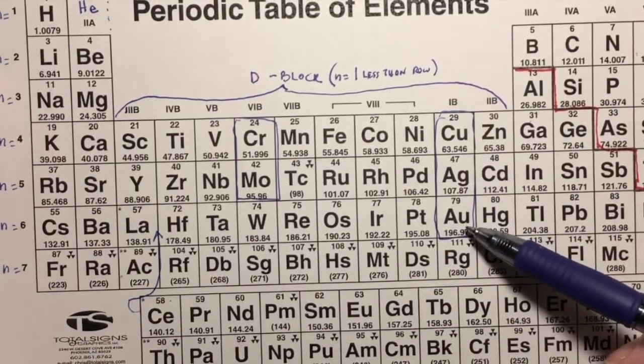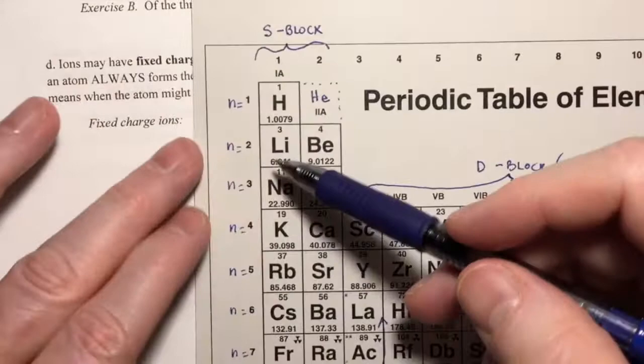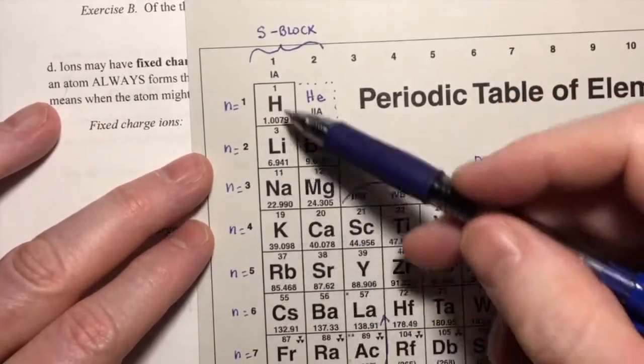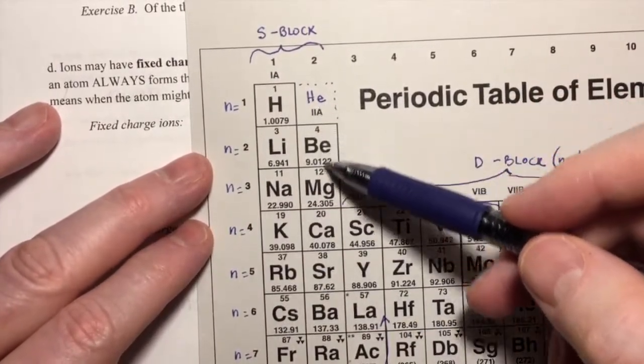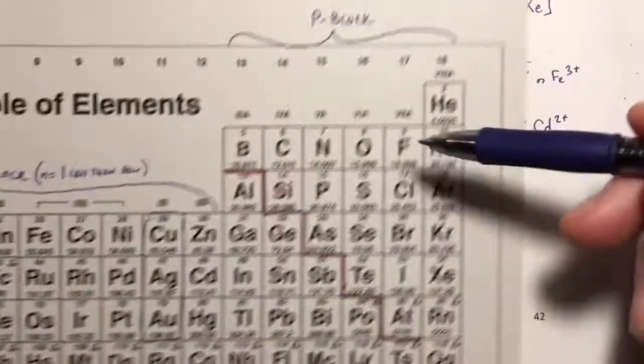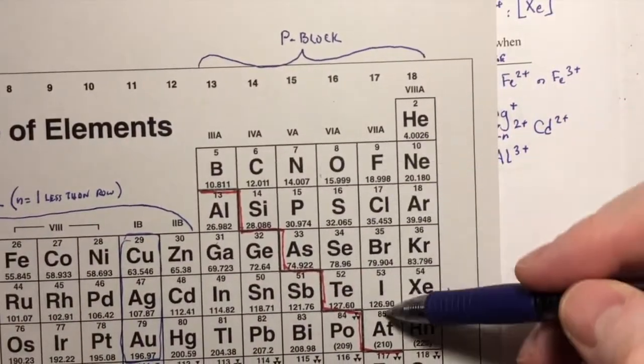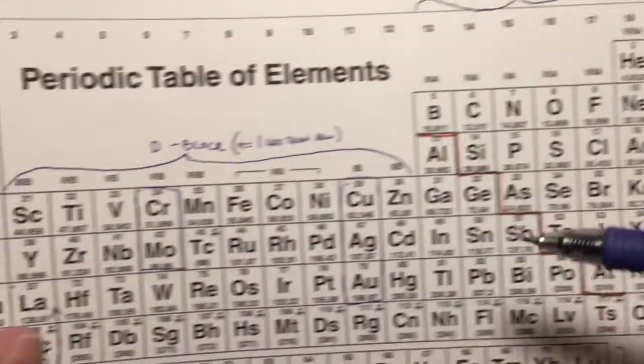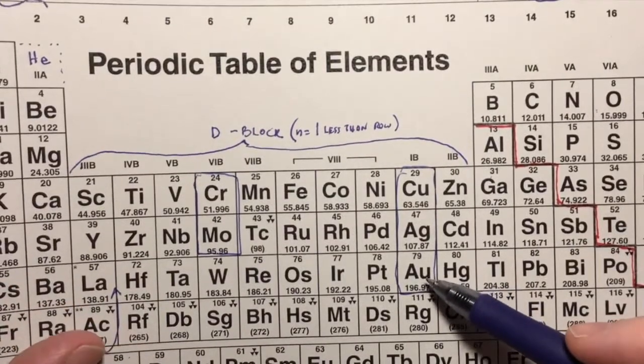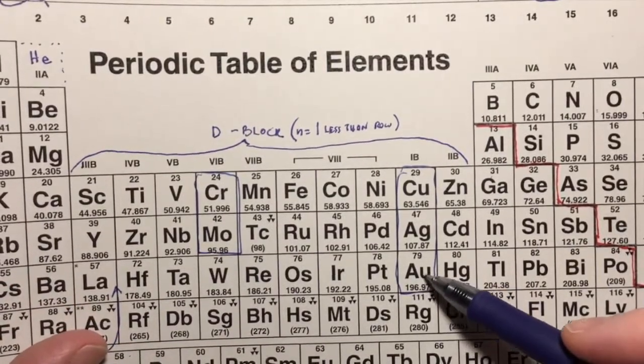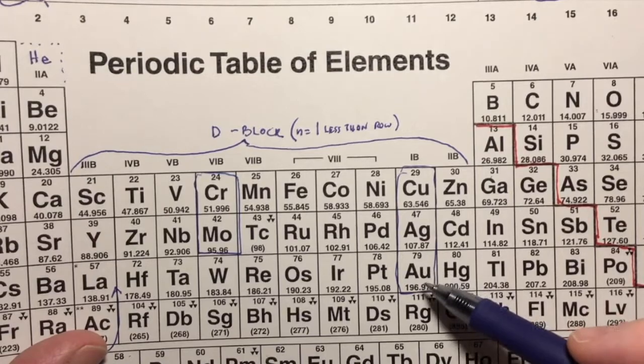Can we predict its charge? No, we can't predict its charge because it's not fixed. It is not in group 1, except for hydrogen, or group 2, or group 15, or 16, or 17 above the stairs. So gold is not one of those fixed charged ions, so it is a variably charged ion.